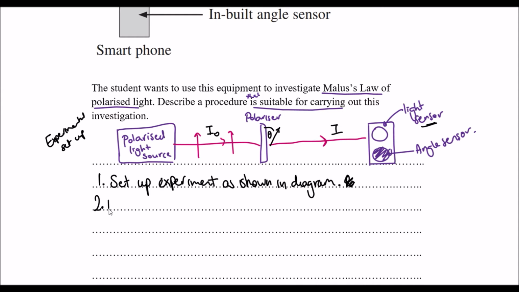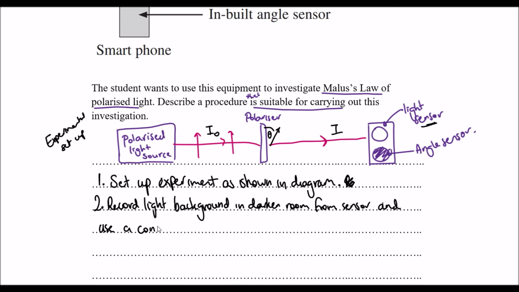Number 2: record a background reading in a darkened room from the sensor, and use a constant intensity light source.